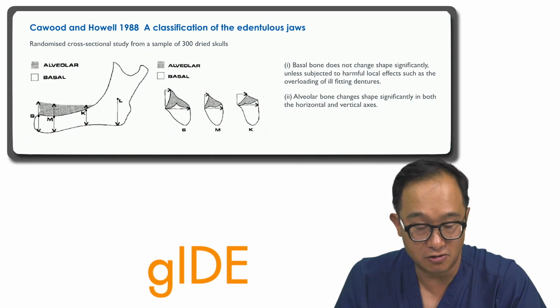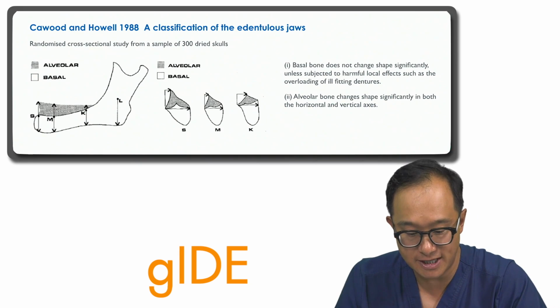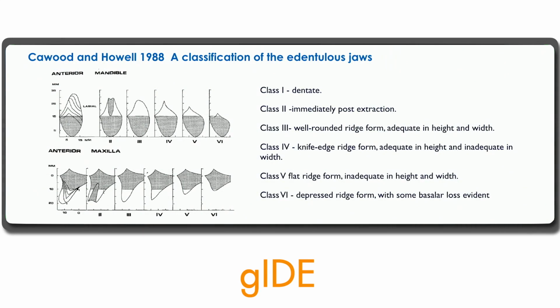That's why Tallgren's studies showed that each patient had a very similar type of resorption pattern. The ridge changes shape both horizontally and vertically, and it's a very predictable pattern. Similar to Tallgren, they had the same sort of conclusions about bone and ridge resorption. If you look at the actual resorption patterns, they have a classification that dentists often like to use, from class 1 to class 6.